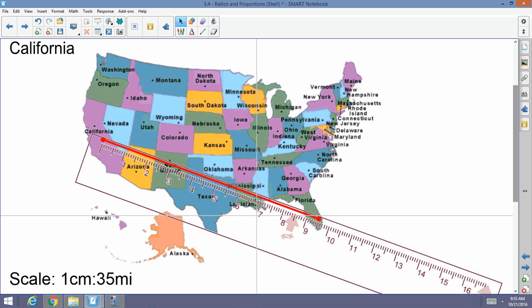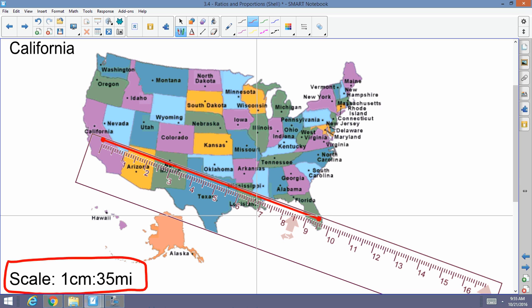So we used to have a key or a legend, and I went ahead and made one for us called the scale. What the scale tells you is, on this map, every 1 centimeter equals 35 miles in real life. That's what a scale is, guys.